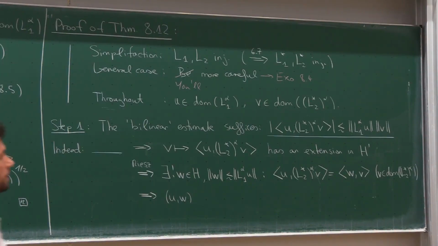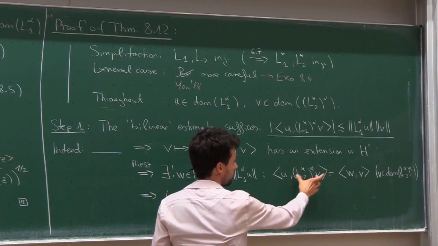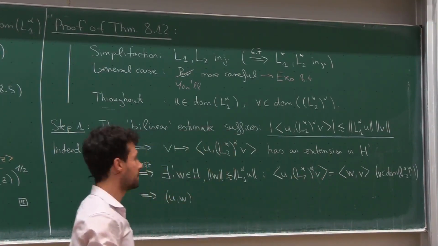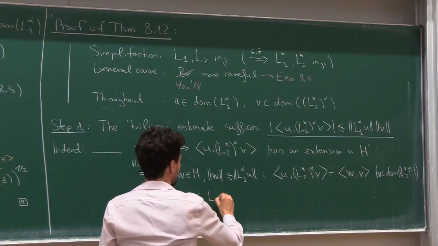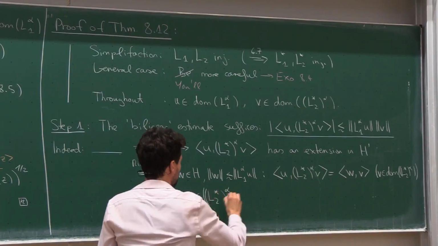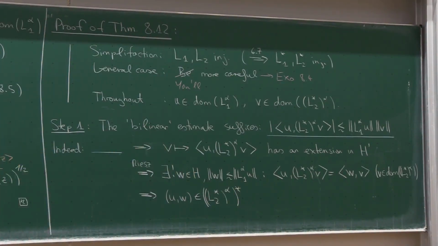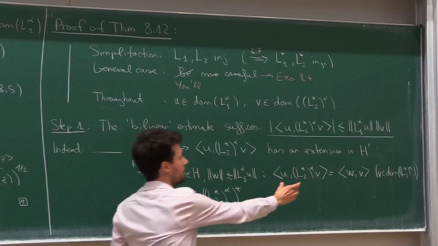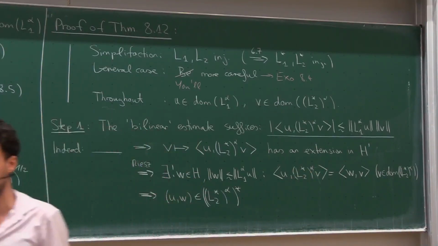And the specific operator, this is reminding us of the definition of the adjoint of the operator sitting here. So it means U, W is contained in the adjoint of the fractional power of the adjoint. This is precisely what it's saying. Just forget what this operator is, call it T, and then this means that U, W is an element of T star.